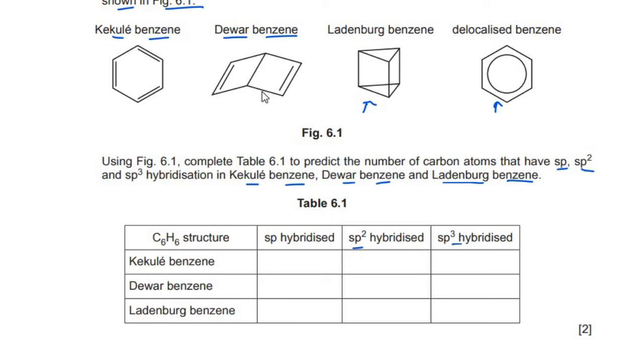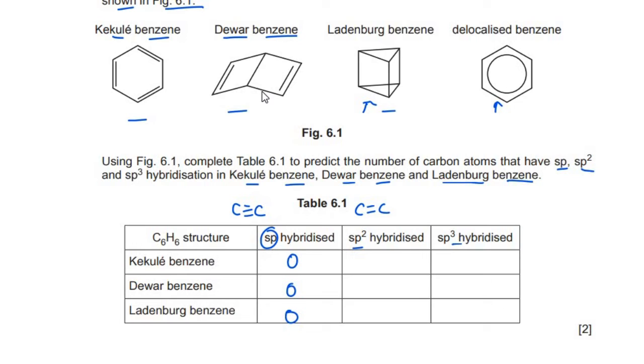Now what I simply suggest my students is that sp hybridization is present where there is a carbon-carbon triple bond. Now in all the 3 structures we can see there is no triple bond. So in that case the sp hybridized carbon is 0 in all of the 3 structures. Okay, now if we look at sp2 hybridized, then the number of carbons having C double bond C will give sp2 hybridized.